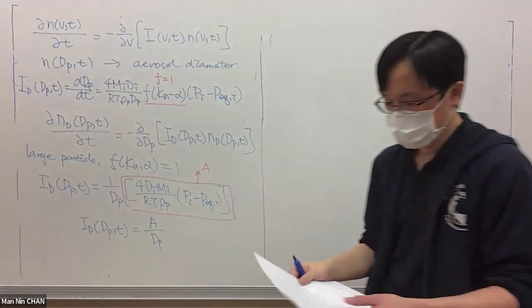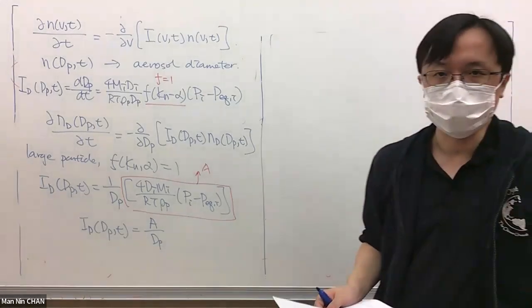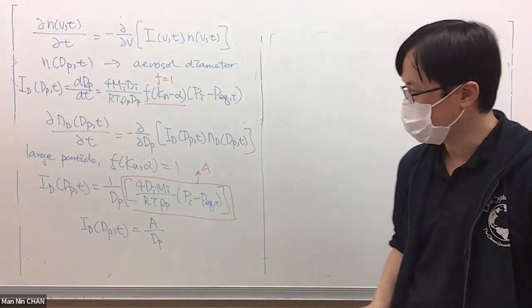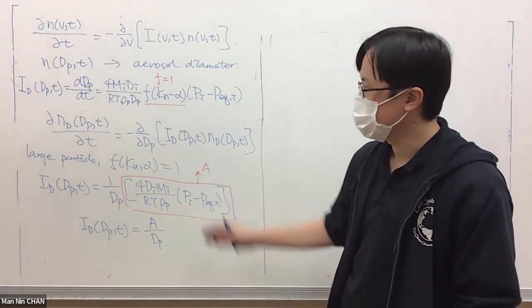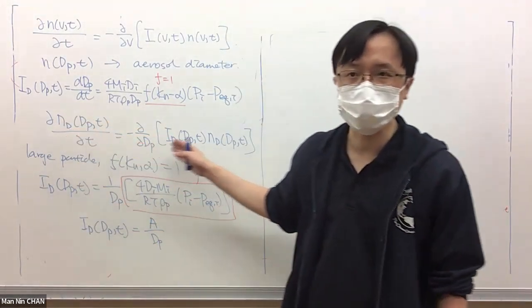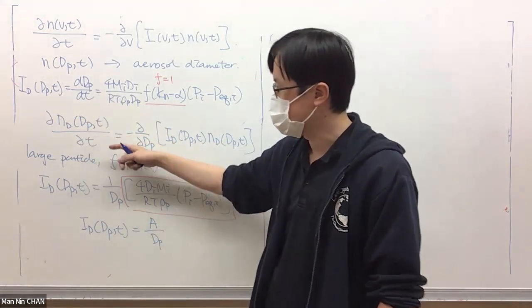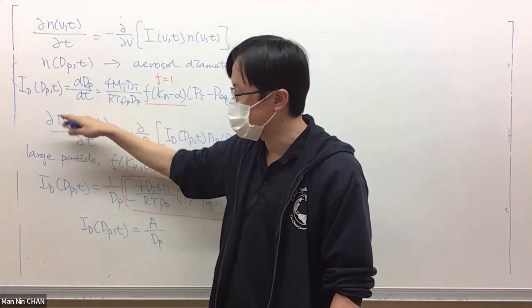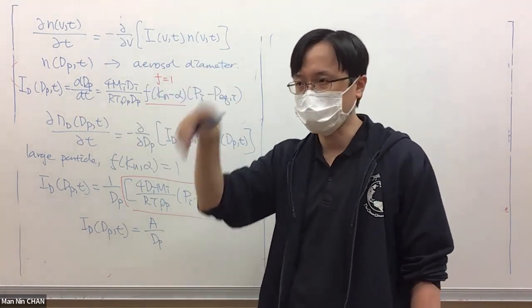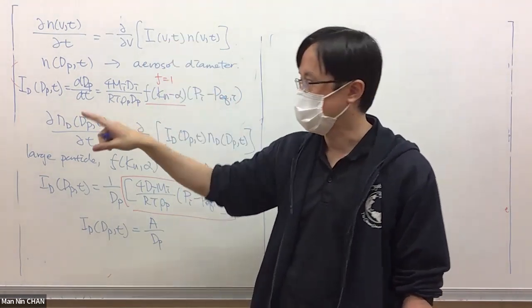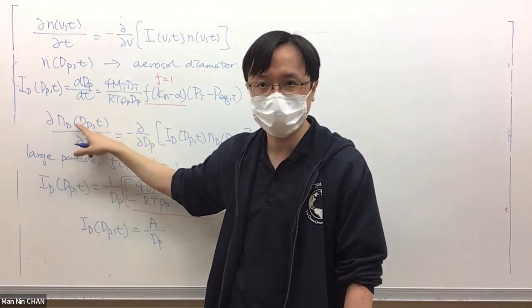Okay. So now we're going to finish for today's about the condensation. So now you can see this is kind of the growth rate, or this equation is the equation of condensation. So basically it tells us, for a certain particle size bin, how the number concentration will change with time.